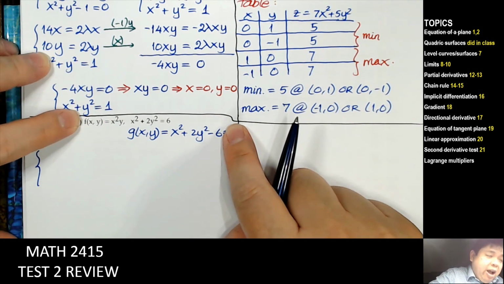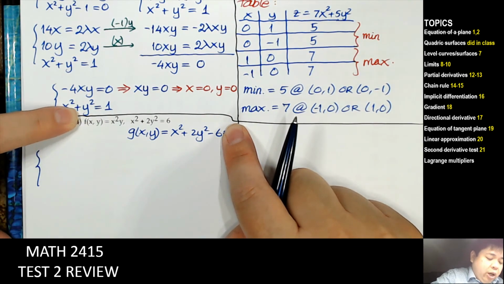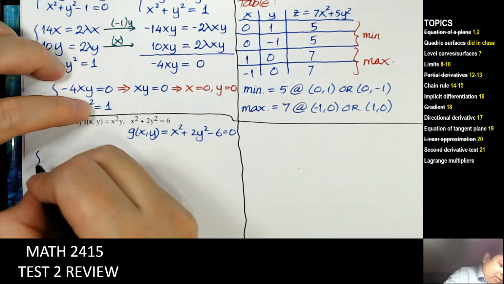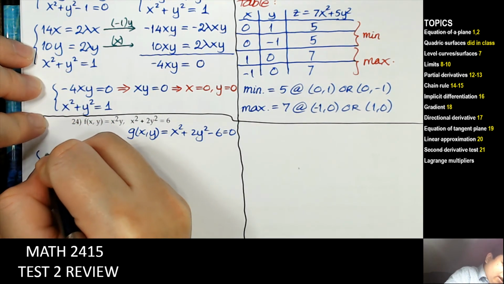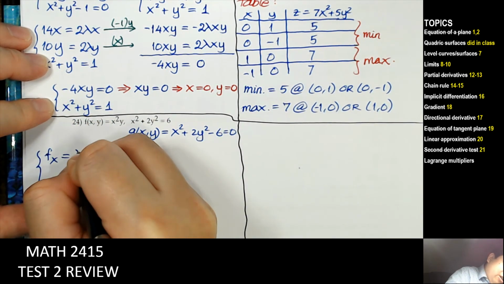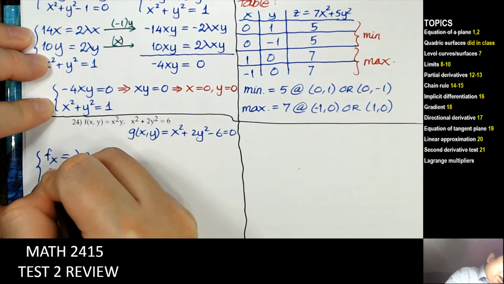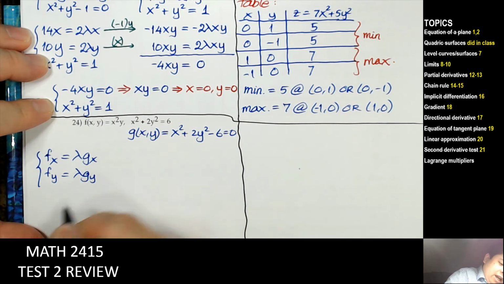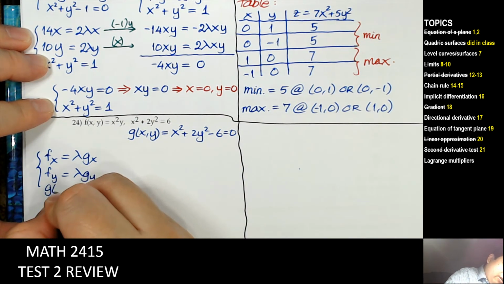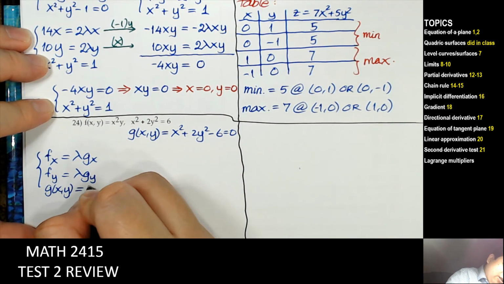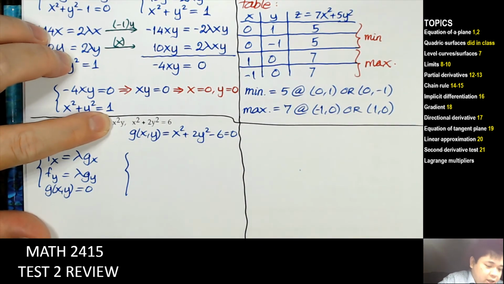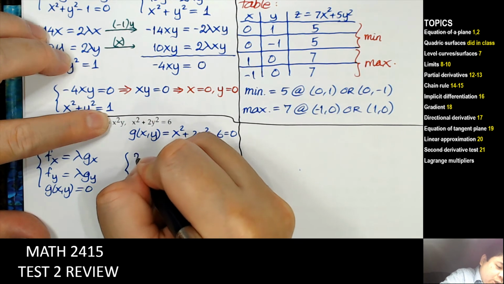Take the derivative of f and the derivative of g, both with respect to x, and let them be multiples of each other. So this is the derivative with respect to x, and let's just write that out. Derivative with respect to y, multiples of each other, and then the constraint itself. Derivative with respect to x for f is 2xy.